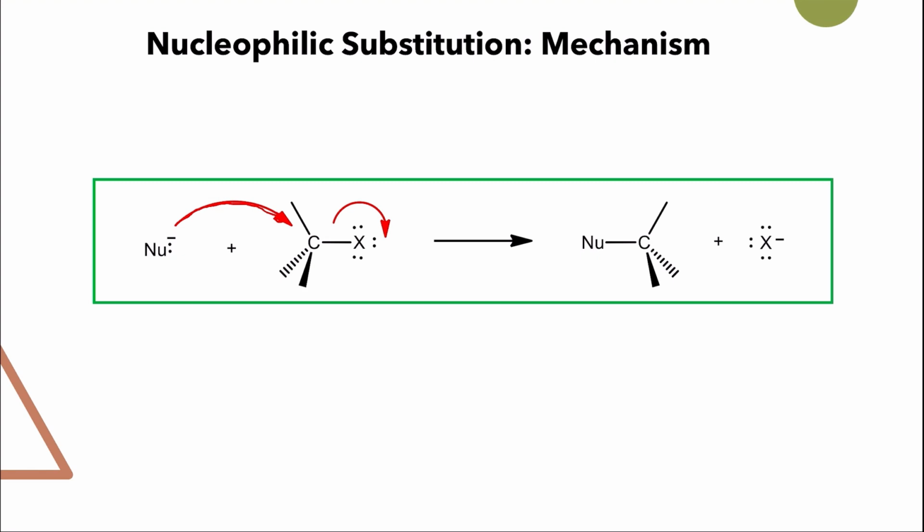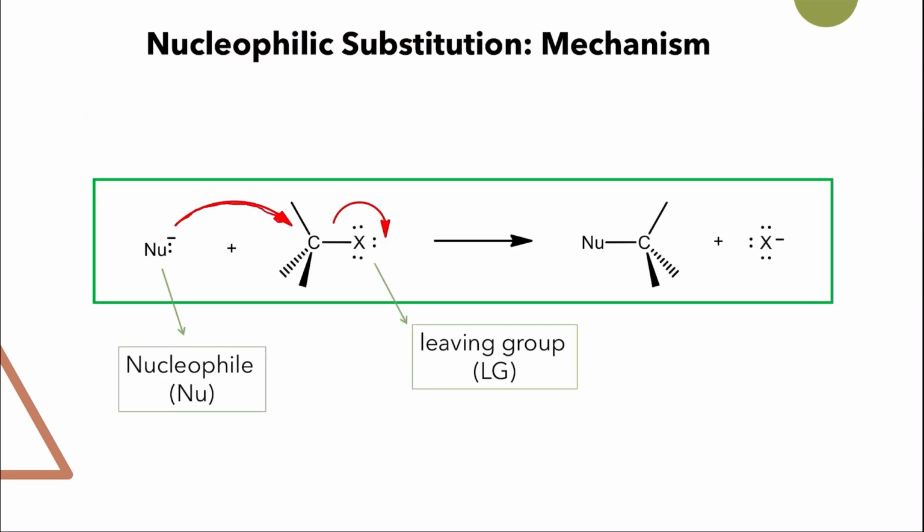So here we have a nucleophile, and we have a leaving group, which is the halide. The nucleophile, which has a lone pair of electrons, will attack the electron-deficient carbon. As we can see, the arrow goes from the electrons on the nucleophile towards the carbon. At the same time, the leaving group will start to leave.